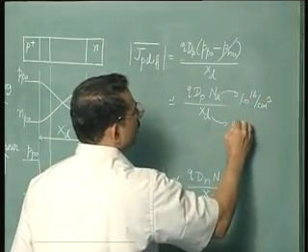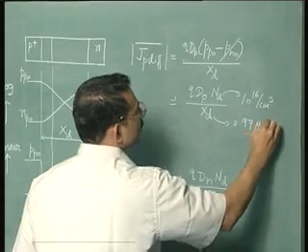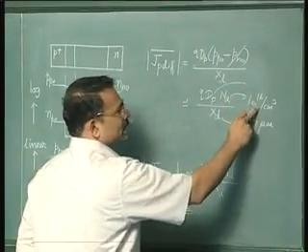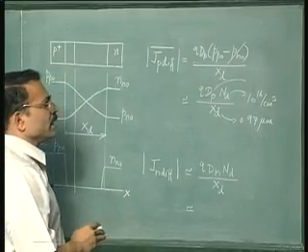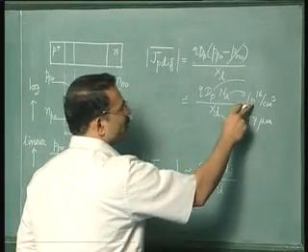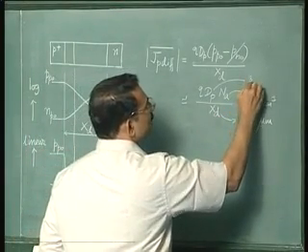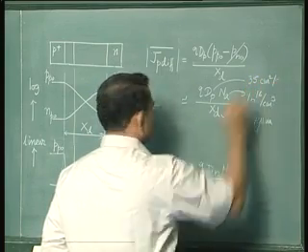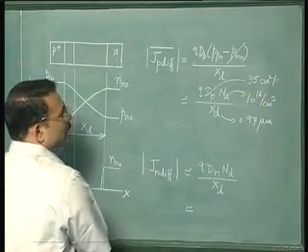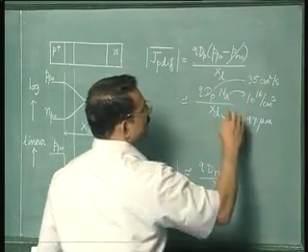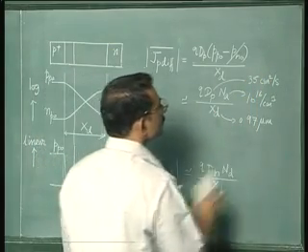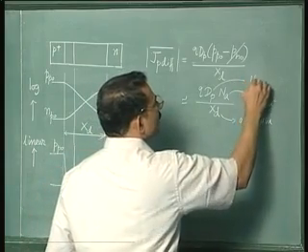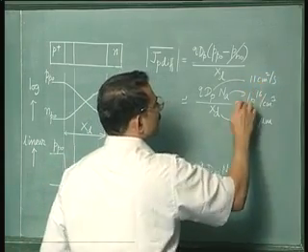This is 0.97 micrometer, and this dp for 10 power 16 per centimeter cube, we have to use the mobility versus doping graph or the equation, and we will find this is approximately 35 centimeter square per second. This is for electrons. For holes it is about 11 centimeter square per second.